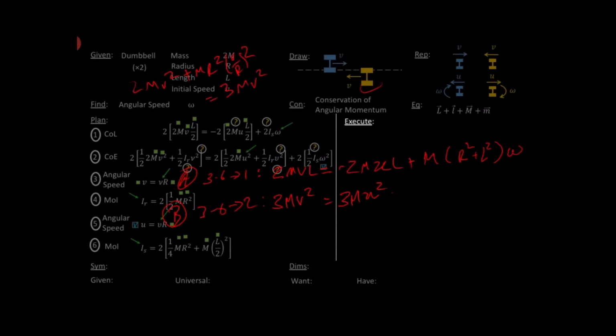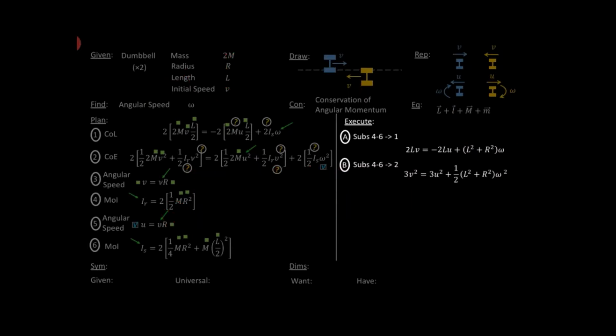So we have plus 1/2 m r squared plus L squared omega squared. Okay, so let's see. Yeah, I think that's right. How close am I? Looks pretty close to right.